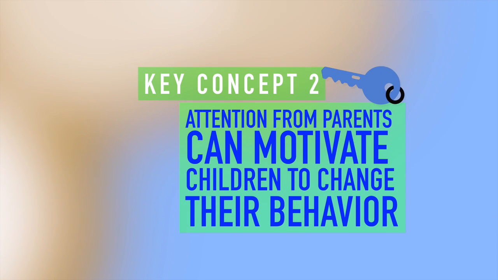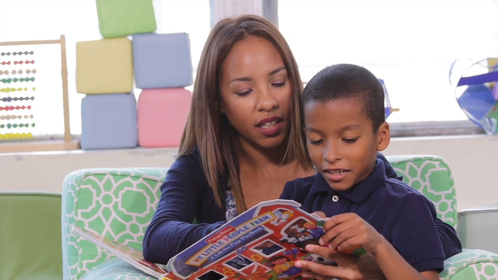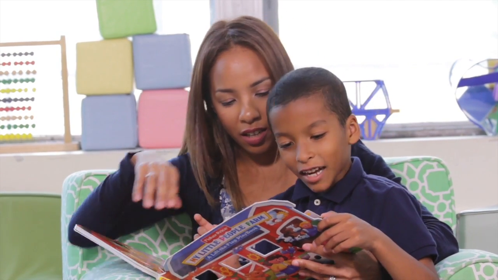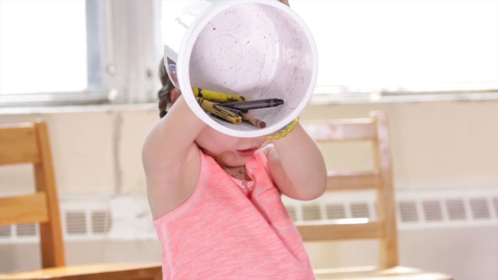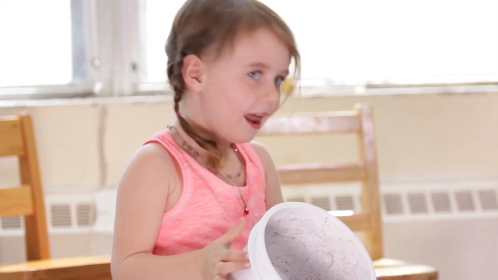Key concept 2 states that attention from parents can motivate a child to change their behavior. A parent's responses, including positive attention and ignoring of minor misbehaviors, can affect their children's behavior.